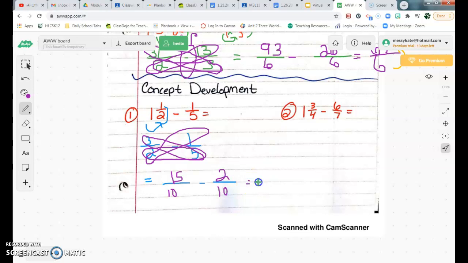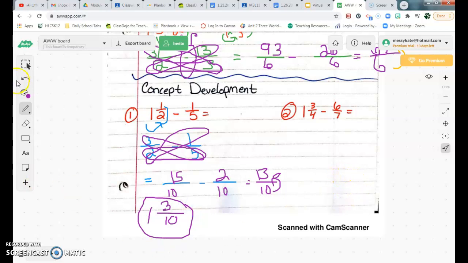Now I know that 10 is going to be my denominator. 15 minus 2 is going to get me 13. And I now need to ask myself, how many times can 10 go into 13? Well, 10 can go into 13 one whole time, and there's 3 left over because one group of 10 is 10, 10 to 13 is 3. So my answer is 1 and 3/10.